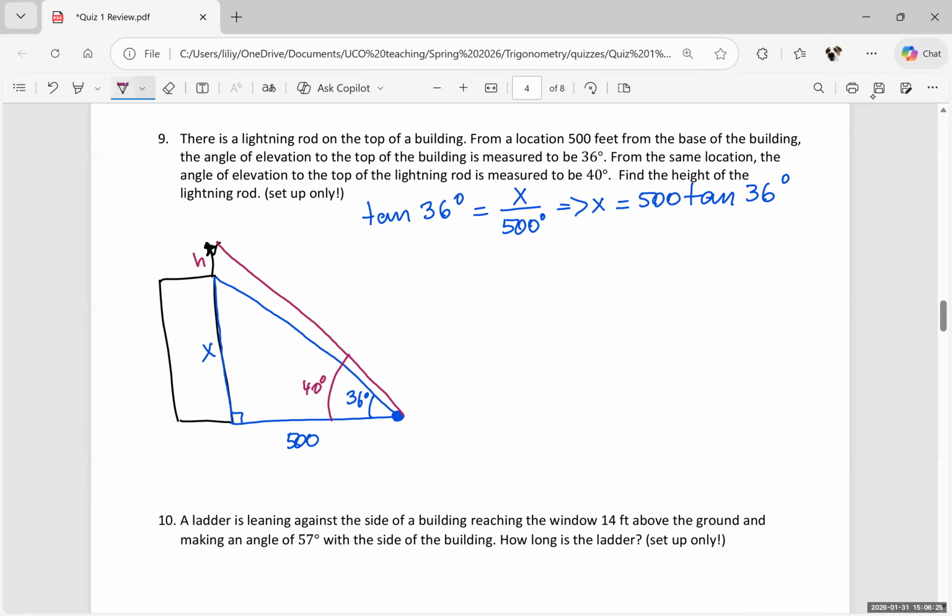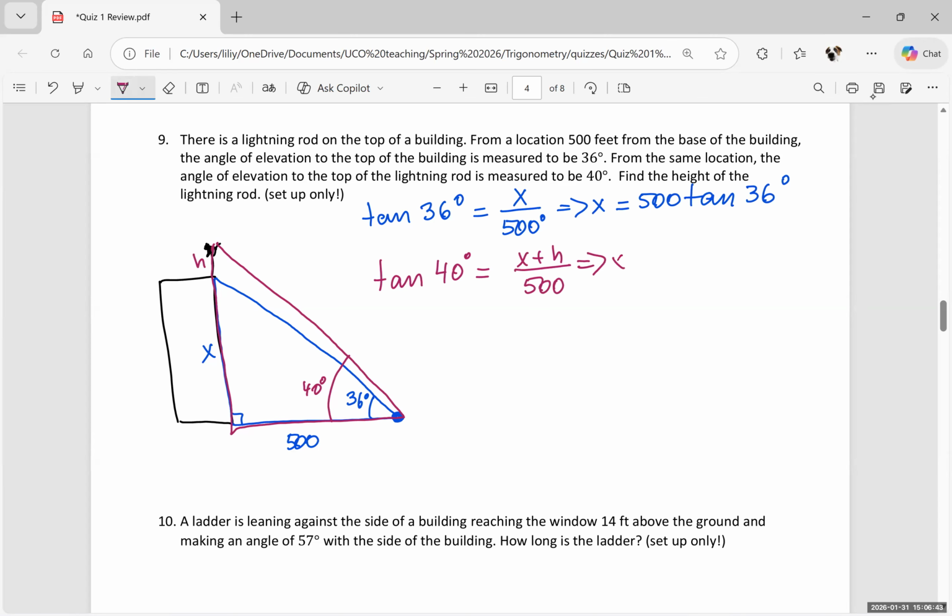Then we have this big triangle right here. Still a right triangle. This triangle has tangent of 40 degrees, opposite, which is x plus h, divided by 500. So x plus h equals 500 times tangent of 40 degrees. Now I'm solving for h, so what I can do is plug in this for x.